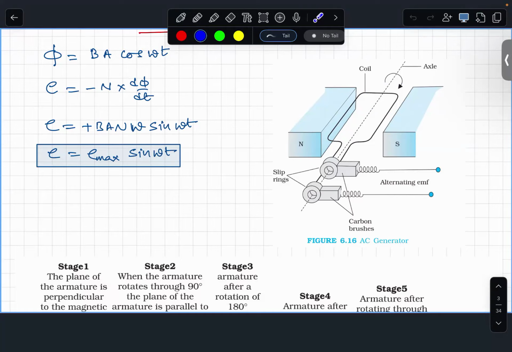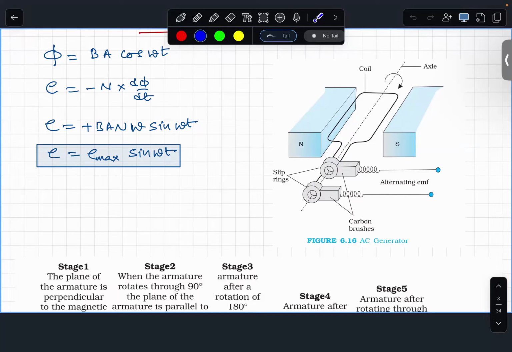Remember, the coil is closed like this. This end of the coil is connected to here, and this end of the coil is connected to here. The EMF generated across these two points is the same as the EMF generated across these two points. And it follows this particular pattern.